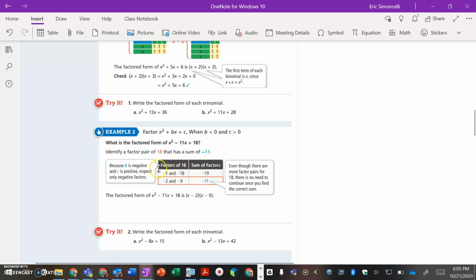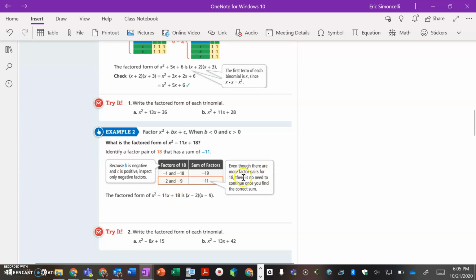So far, the problems we've done haven't had a lot of combinations to look at as far as the pairs. You will have to go through trial and error, going through a litany of possible factors to see if, in fact, the two numbers multiply to the number you're looking at here, but also add to the number that you want, as we saw again with negative 11. Because b is negative, in other words, negative 11, and c is positive 18, inspect only negative factors. So again, a negative times a negative.